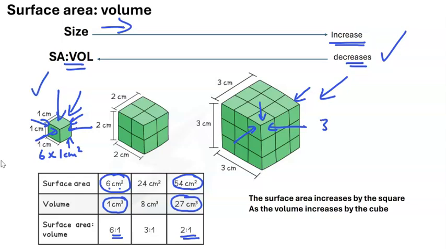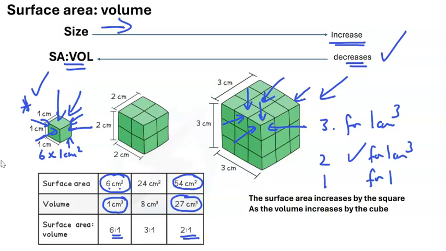So this one has 3 surfaces for 1 unit of volume, whereas the original had 6. If we think in terms of diffusion, we can understand that now the larger organism is experiencing problems. But we're not finished, because if we take this cell here, it has 1, 2. So this has 2 surfaces for 1 cubic centimeter of volume. And of course, if we look at this cell here, then that only has 1 unit for 1 unit of volume.